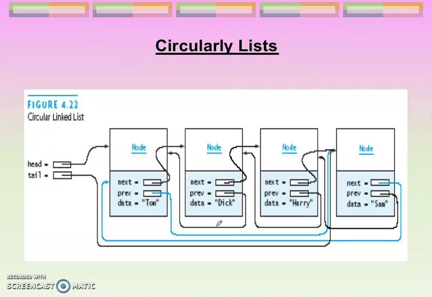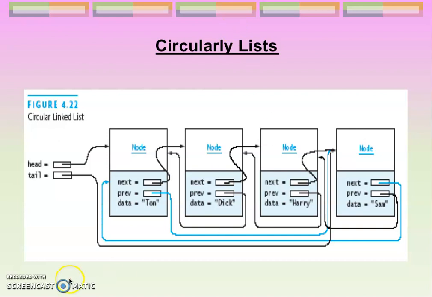Next one is circularly linked list. Circular means that it goes round in a circle, in the same nodes in the diagram, which means it has no null and no end node.